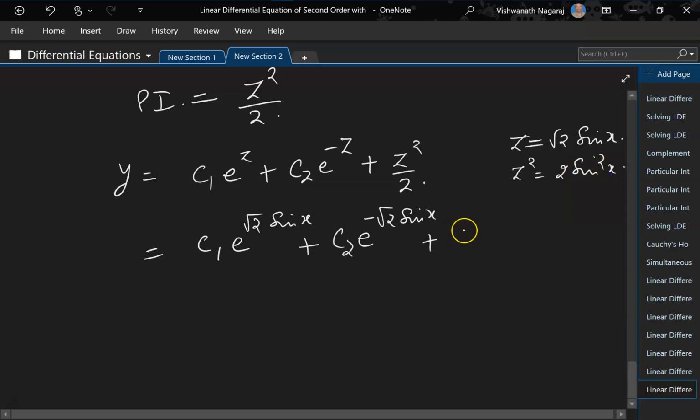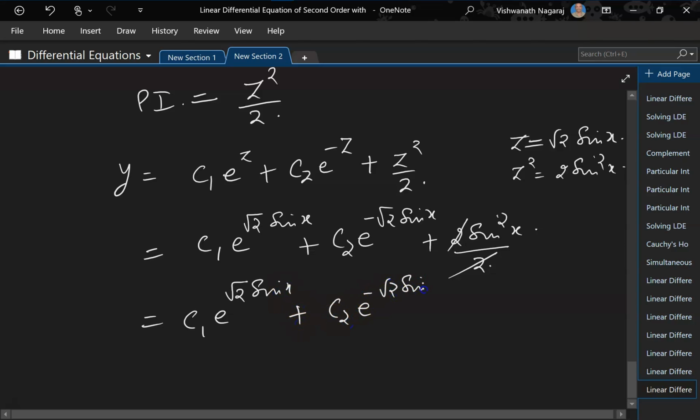So 2 sine square x by 2, that 2 gets cancelled out. So we are left with c1 e to the power of root 2 sine x plus c2 e to the power of minus root 2 sine x plus sine square x.